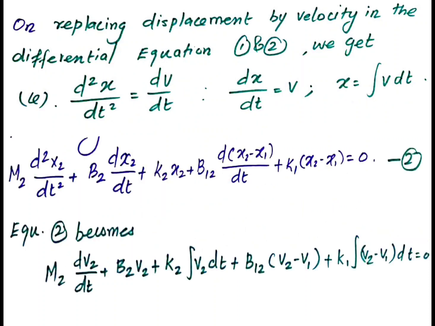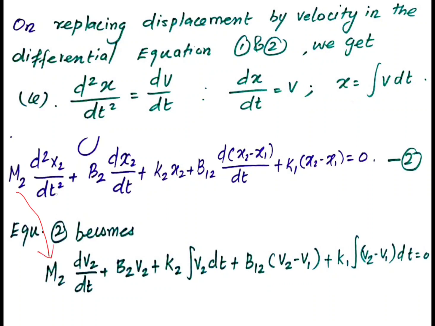Similarly, we are going to change the second equation. The second equation is m2 into d square x2 by dt square.